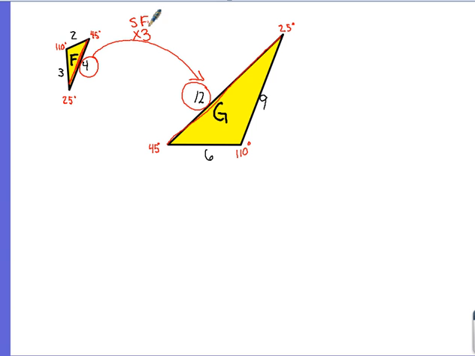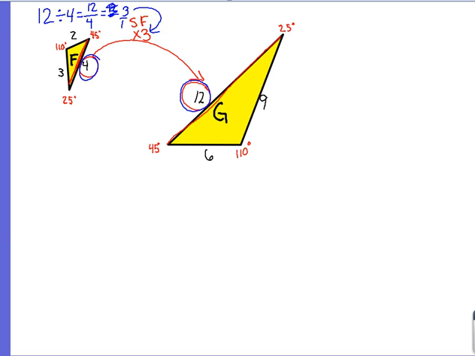I could have gotten that scale factor again by taking 12, dividing it by its corresponding side 4. 12 divided by 4 written as a fraction. I know that this is correct for small to big because it is a fraction that has a value greater than 1, and 12 divided by 4 would be 3 over 1, which is the same as 3.